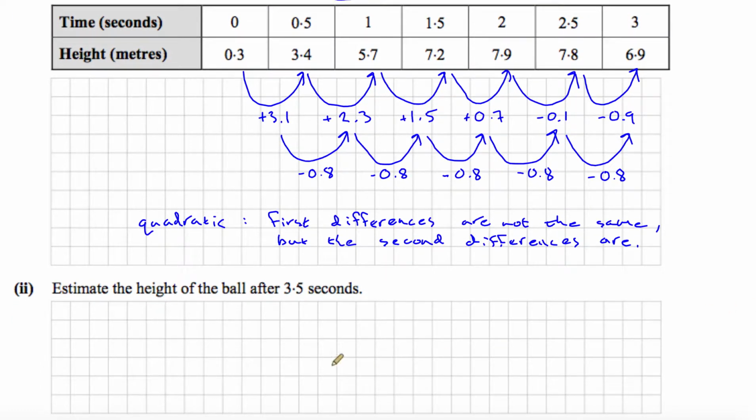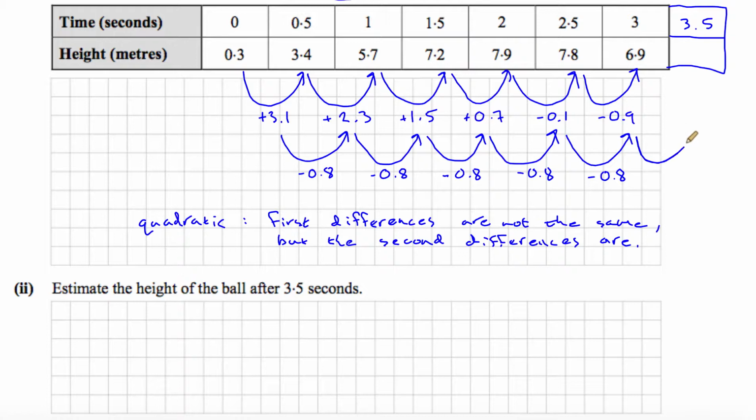Part 2 then says estimate the height of the ball after 3.5 seconds. Okay, so if we're going up in half seconds, 3.5 seconds would be the next. If you were to continue the table on another one, it would be the next column. So we know then that we're going up in jumps of negative 0.8 for the second difference.